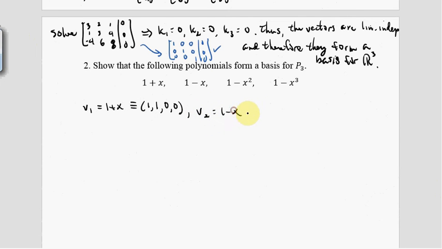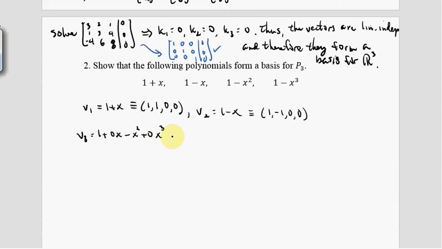V2 is 1 minus x. I'm going to denote it by 1, negative 1, 0, 0. V3 is 1 plus 0x minus x squared plus 0x to the third.